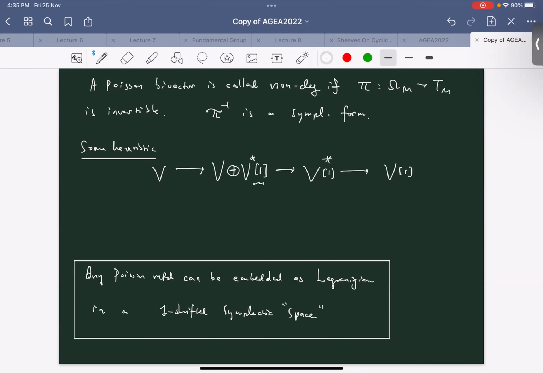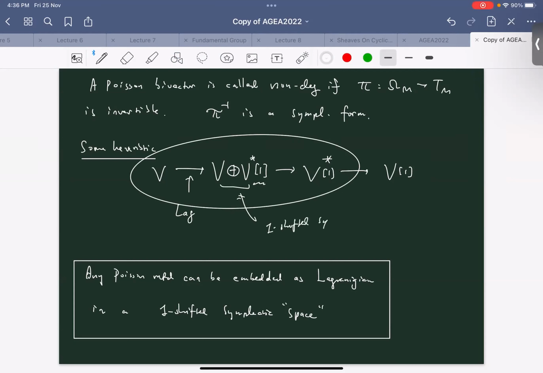So this one-shifted corresponds to this shift here. So on the left-hand side you get an exact triangle, and this map here is Lagrangian in the shifted sense, and this structure here is one-shifted symplectic, as I said, infinitesimally. So there's a pairing, a perfect pairing, but with one shift.